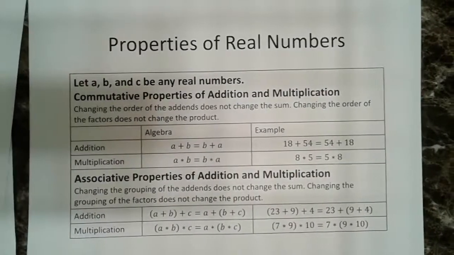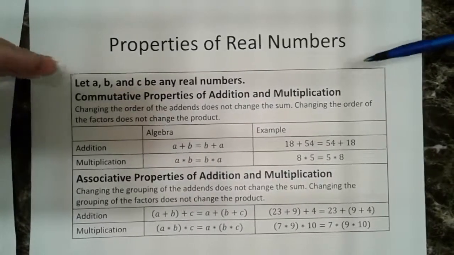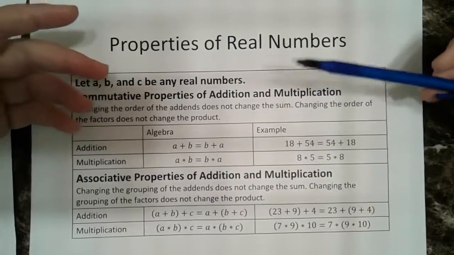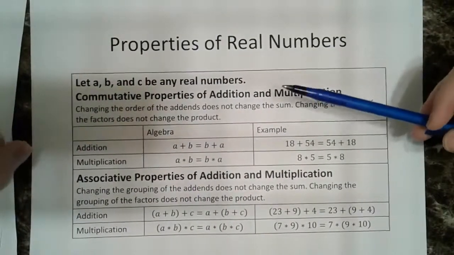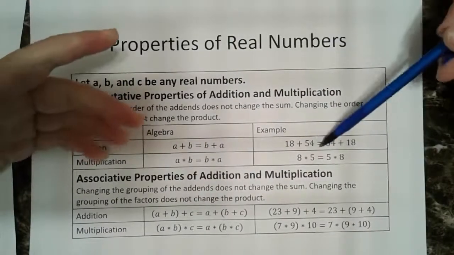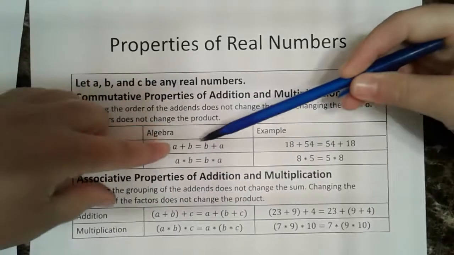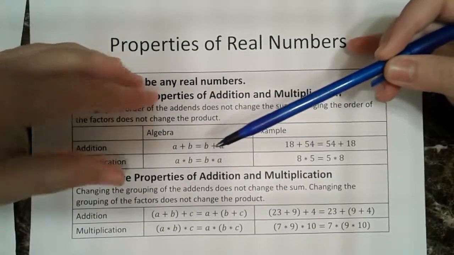Properties of real numbers. Again, a lot of these are very familiar with this. This is now just turning them into algebraic expressions. Now we're getting our grown-up brains on, and we're taking our numbers that we're so used to seeing, and now we're taking it into letters. We're taking it into the whole entire variables.